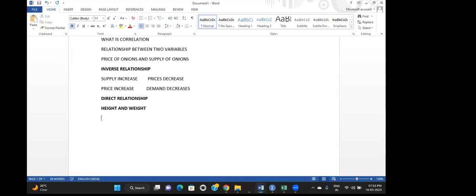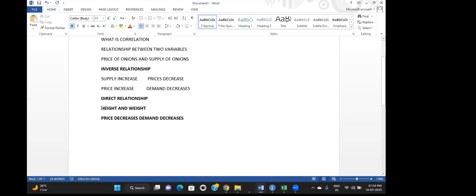Demand increase होगी तो price will increase. This can also be an example. अगर price decreases तो demand decreases, right? I want to give 2-3 examples.